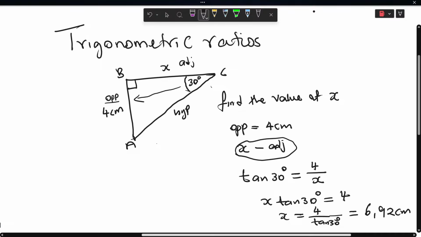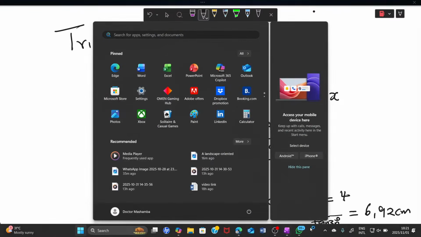That's what I wanted you to do on questions which talk about trigonometric ratios. Now, since we are good on that one, I was just reminding you, let's drop one question. Let's revise with this one.